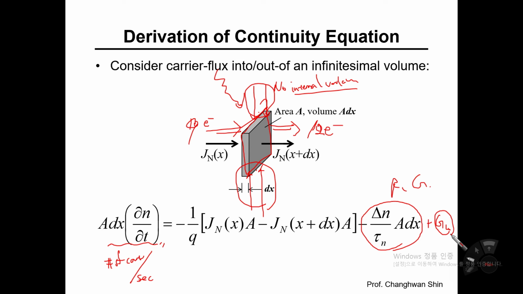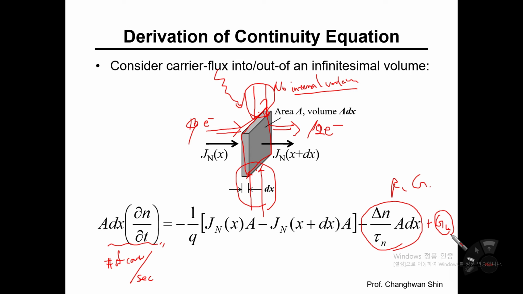Okay, so we are all set to understand and mathematically write down the continuity equation. The left hand side indicates how many carriers vary every single second. That is the final goal that we would like to know. On the right hand side, suppose that current flows into the infinitesimal volume and another amount of current density is output, then some other internal events would happen within the volume, such as recombination and generation.